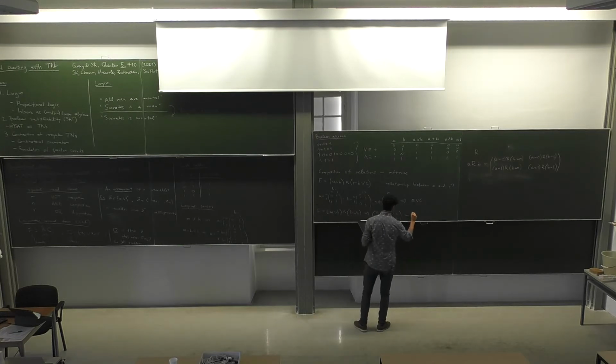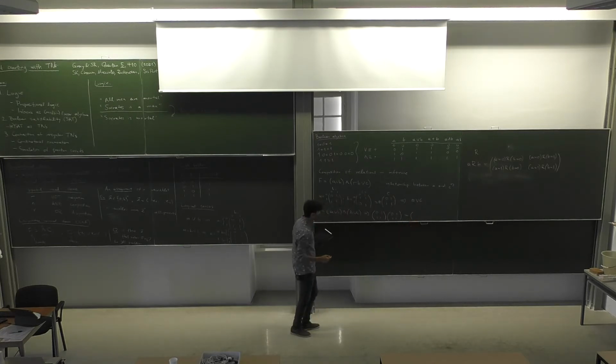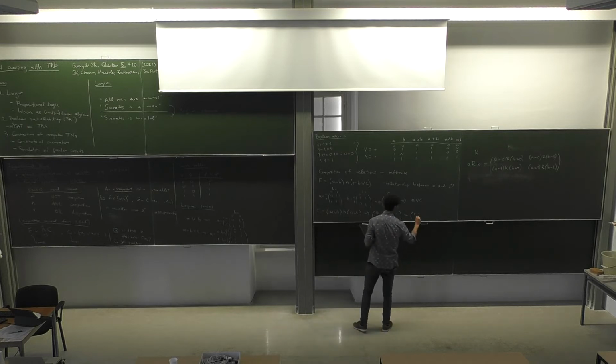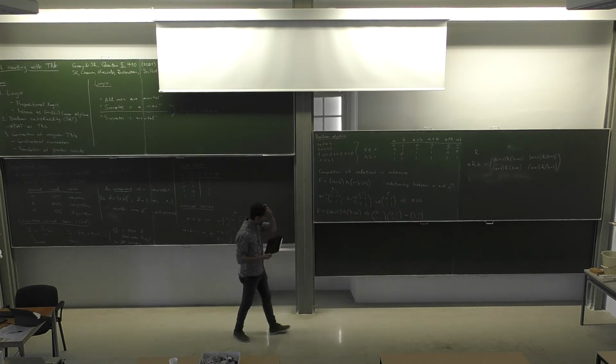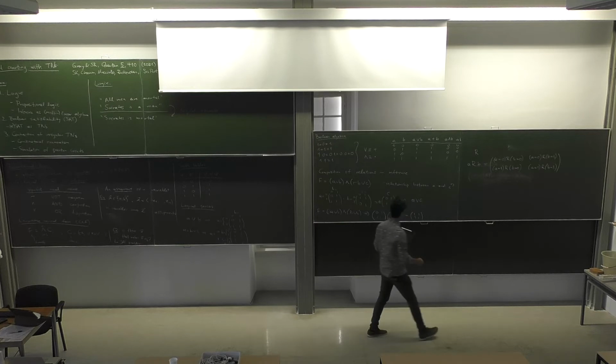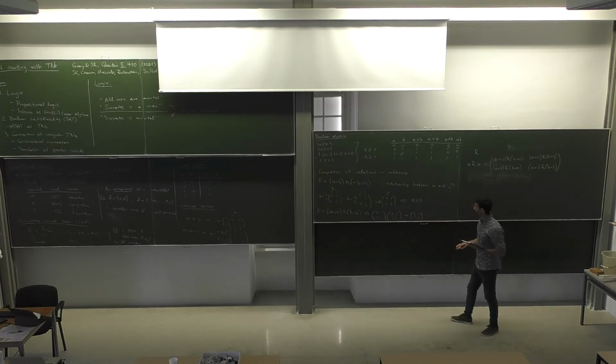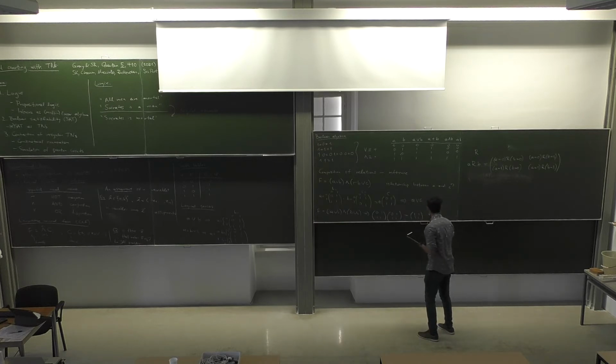And now if I do my tensor contraction here, what I find is just 1 everywhere. Okay? So what happens here is the rank collapses. And so it means A and C are independent.